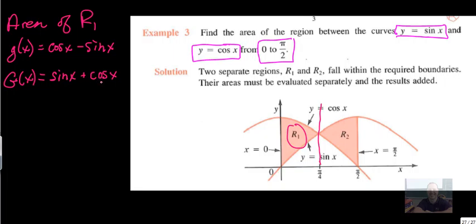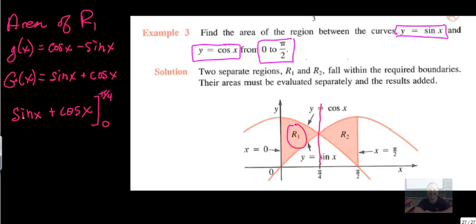Okay. Now I'm going to show you some notation that you probably wouldn't know, for this evaluation of the area. If you write it with a large square bracket to the right of it, and you put the boundaries, pi over 4 up top and 0 underneath, that means we're going to evaluate this between 0 and pi over 4.